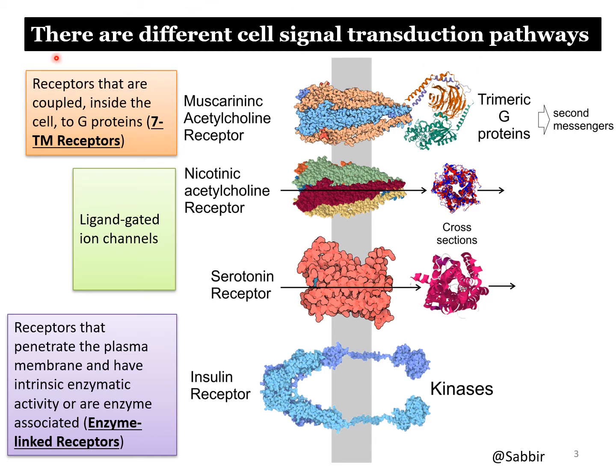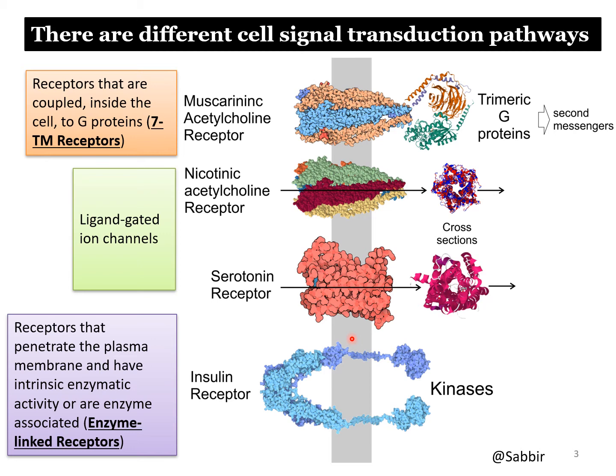Now, the receptor for insulin, which is the insulin receptor, is a large protein that is present on the membrane, and this protein passes the message into the cell. The message is the presence of insulin in the external media. Now, it has several functional parts.